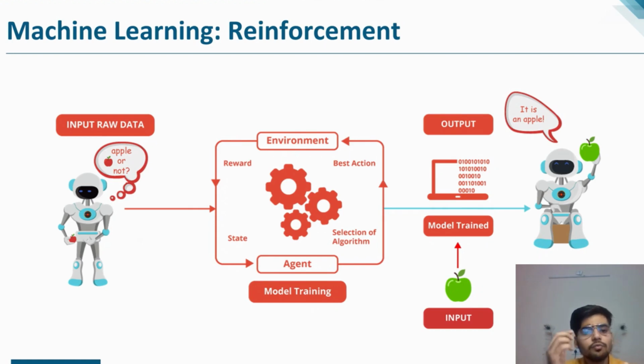In this type of learning, it selects actions according to the environment and the agent. If it selects well, we reward it; if it selects badly, we penalize it. So there is a rewarding or penalizing system in reinforcement learning.